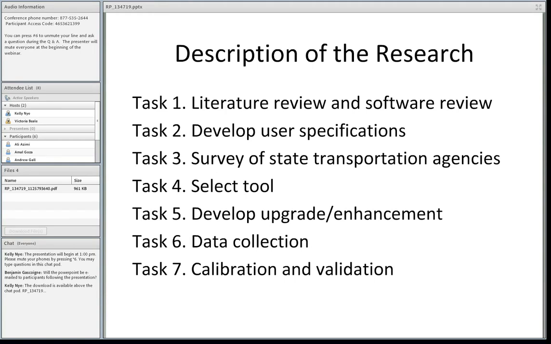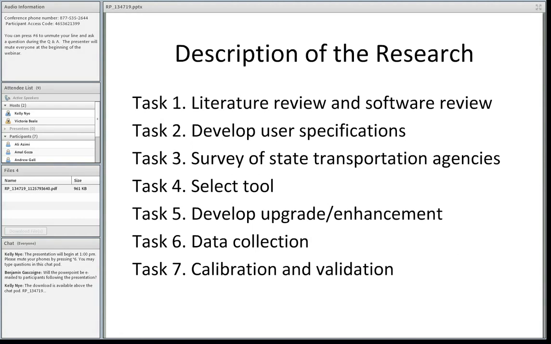We also did a brief survey of state transportation agencies to see what they were using. And originally the project was to look at an existing tool that would fit ODOT's needs.